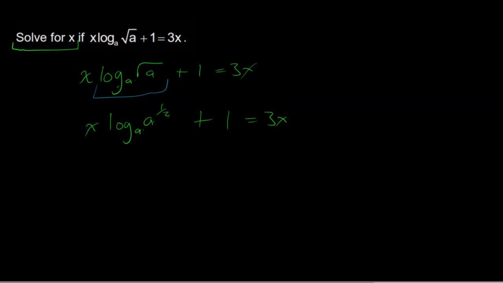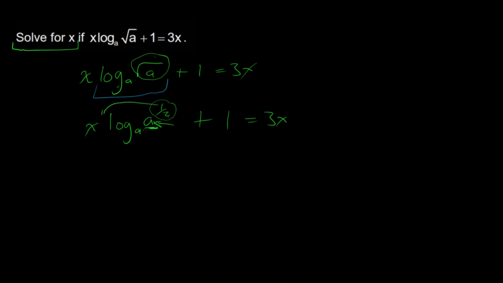Oh, where does that leave us? Well, we know the exponent on the argument. If the entire argument of a log, this part on the inside, has an exponent on top of it, we can take that exponent and transfer it to the front and make it a product with a log.